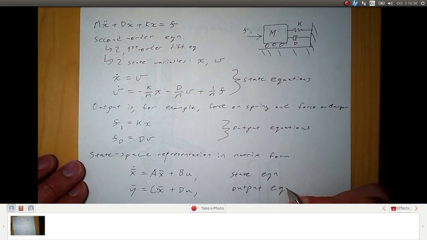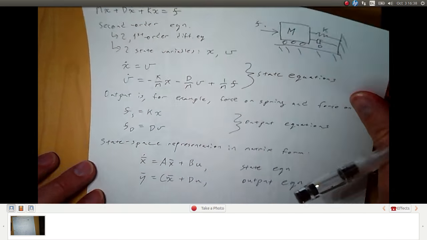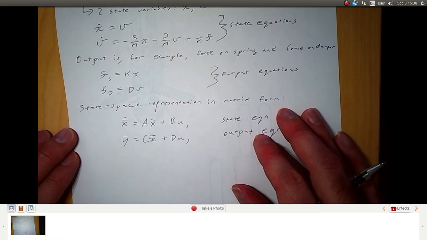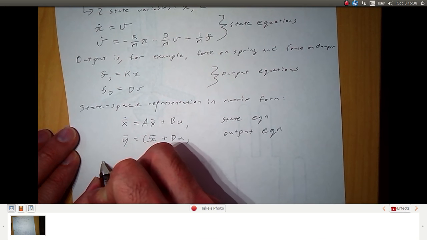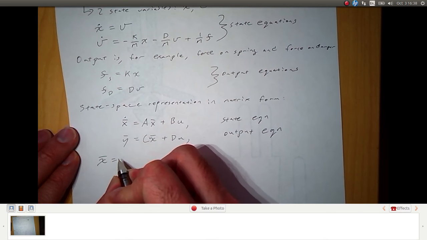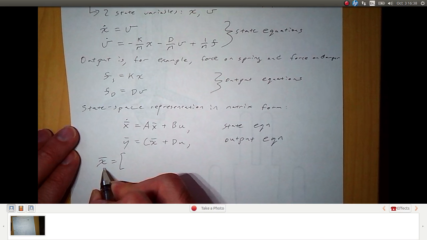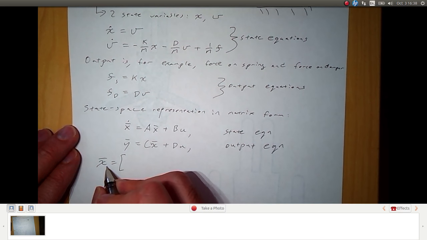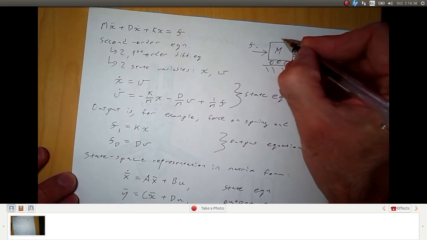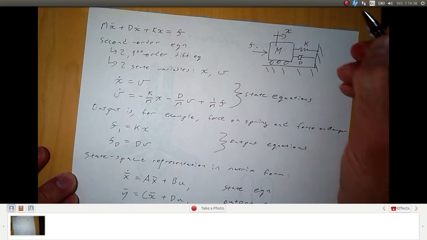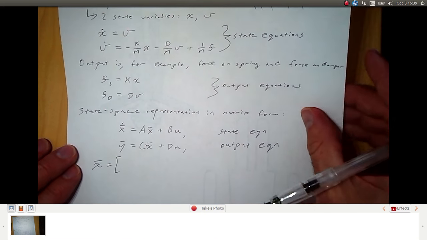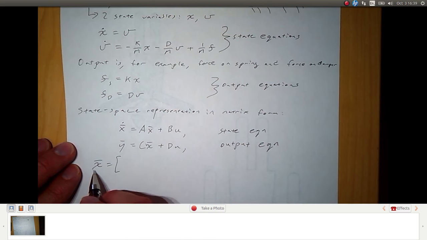So what does that look like for this example? Our state vector, x bar, is a convention for a state vector, so it could be confusing with the displacement variable that we had here, x. We can be sure to call this x bar.